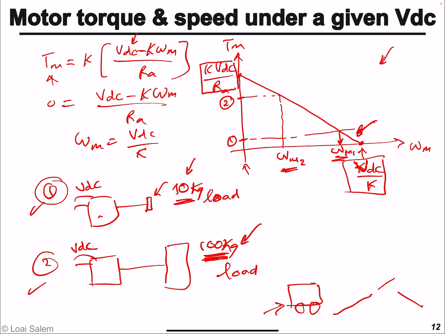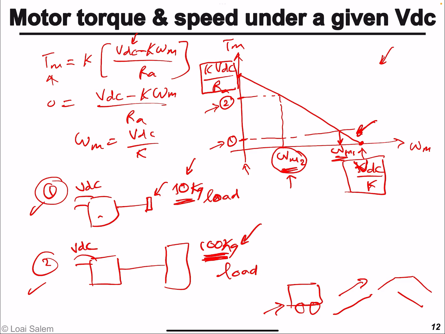So for example, say we want the electric car to move at a specific speed, such that the angular speed of the motor is omega m2, and we want to maintain that under different loads. Suddenly, after the car was going up the surface and facing a large mechanical load, it goes to a flat surface or even a decreasing surface, so the mechanical load goes to case 1, or very light.